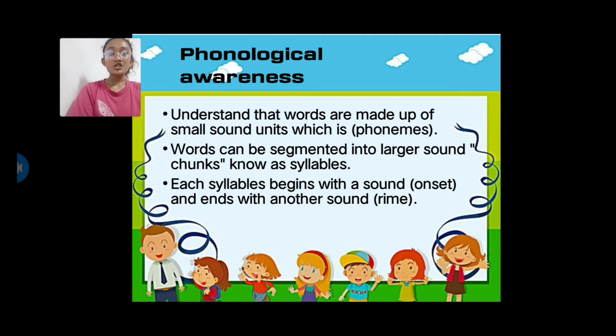Each syllable begins with a sound called onset and ends with another sound called rime. Rhyme means all the words sound the same in the end. So the rhyme here is that the ending of the words is the same.